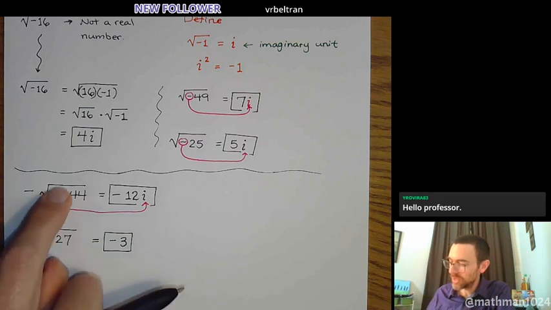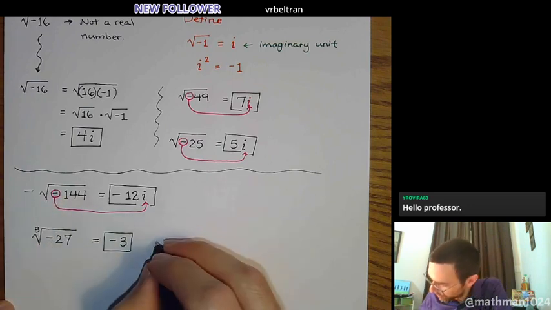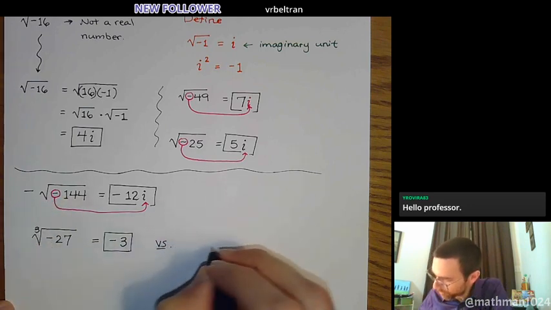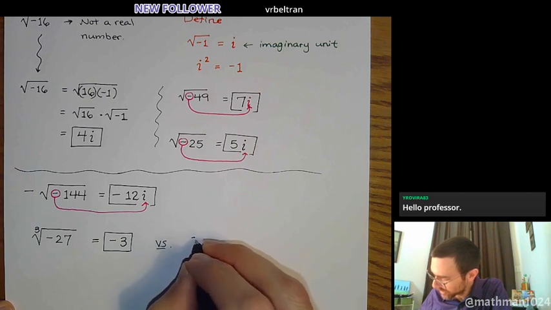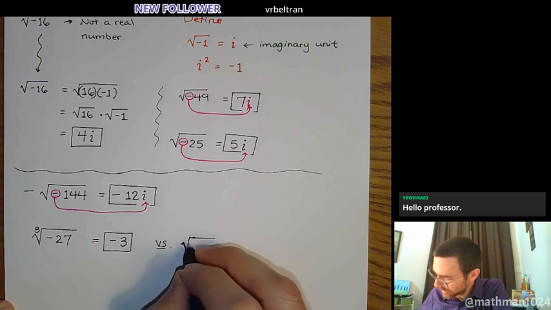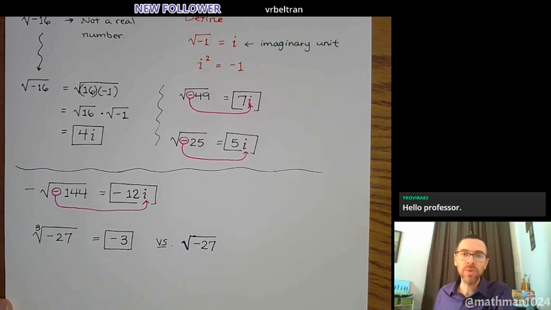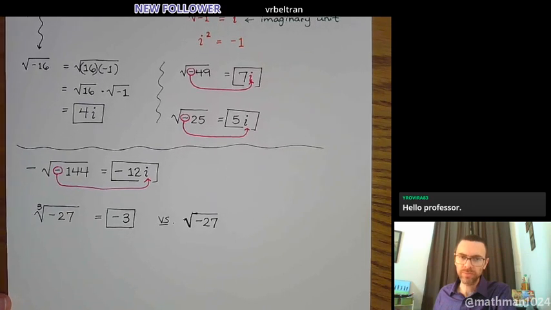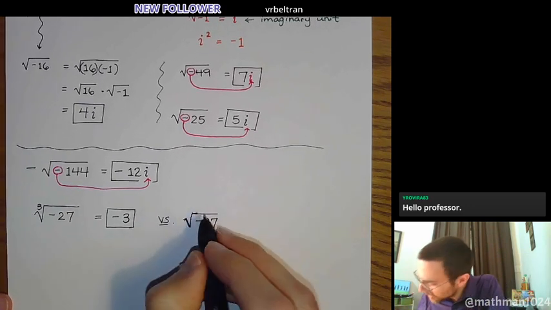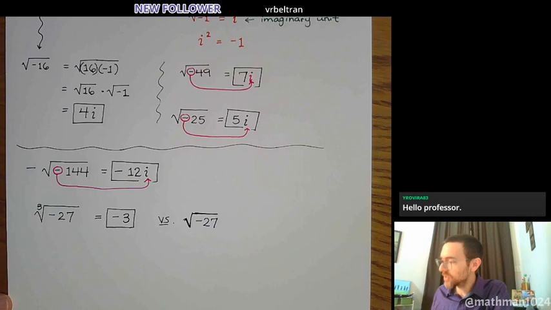So please make sure you understand the difference between this problem and let's say something like this. So we take the square root of negative 27. When I do the square root of negative 27, well, 27 is not a perfect square, so I'd be looking for factors of 27 that are perfect squares.